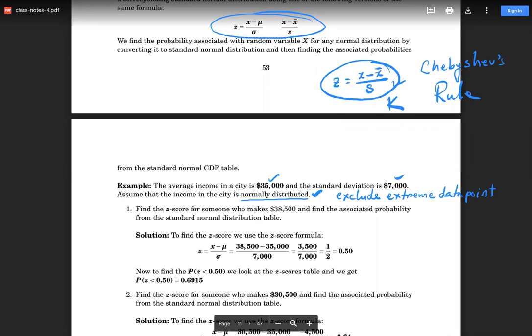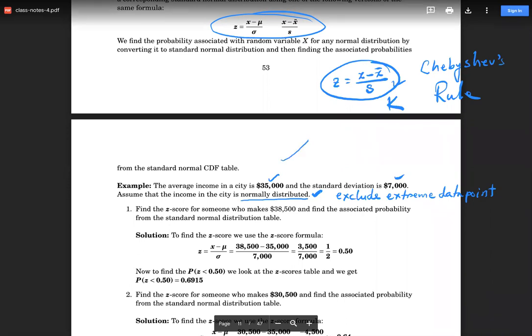But particularly if you include people, those who are making multi-million dollars, then it might be a skewed set. So for the sake of argument, we exclude extreme data points. It could be extremely large or extremely small, okay? So excluding those, income is normally distributed with a mean of 35,000 and standard deviation of 7,000.